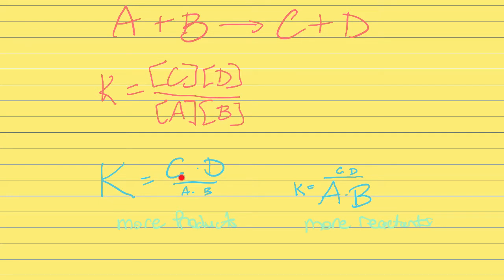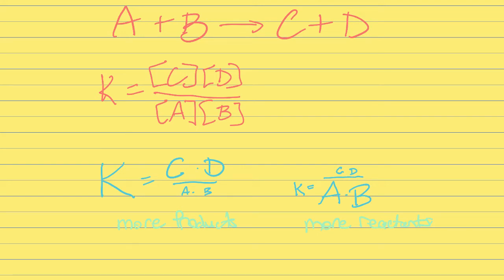If we have mainly products, C and D, and those concentrations are being multiplied together, and we just have a little bit of the reactants left over when the reaction reaches equilibrium, then we have a big number on the top divided by a small number down here. Imagine a big number like 24 divided by 2. That would give you a fairly large K value. So that would mean that the reaction is weighted primarily towards the product.